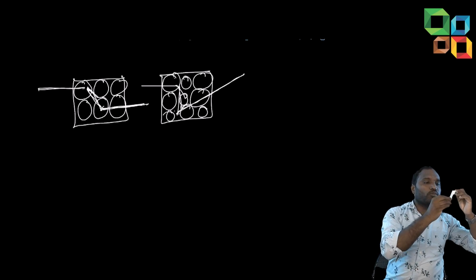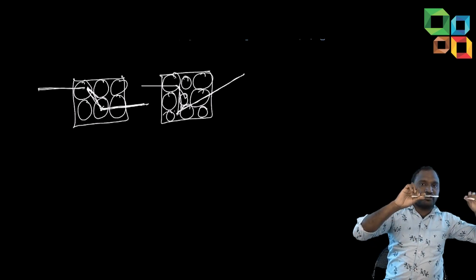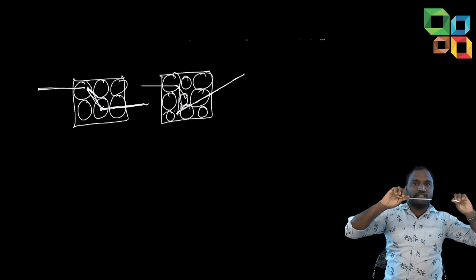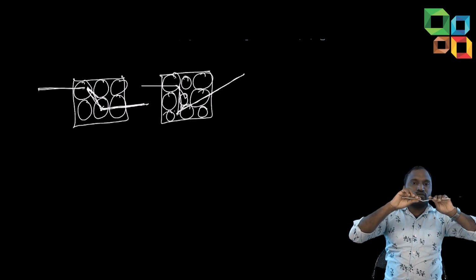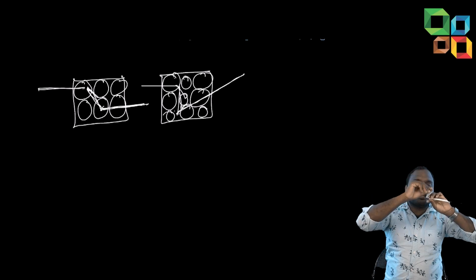Next, one more molecule. Because of the straight line, it entered as a straight line, right? Just imagine light. Because one molecule came like this, it was diverted. After entering, one more molecule came like this.